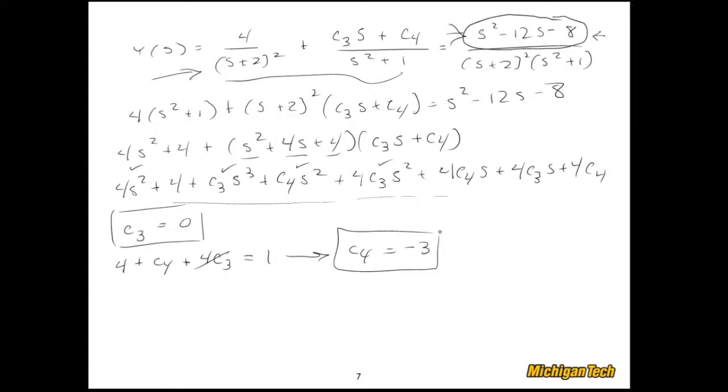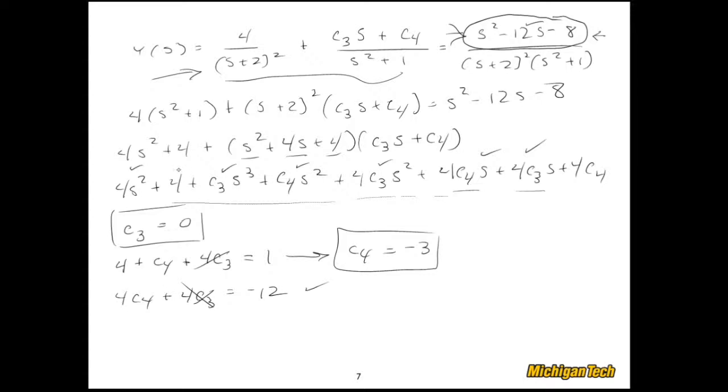And I'm done. Now I didn't use a couple of coefficients here, but I could check them. Just for fun, we could go 4c4 plus 4c3, that's these two. Is that equal to this, -12? Well, c3 is 0, c4 is -3, so yep, that checks.